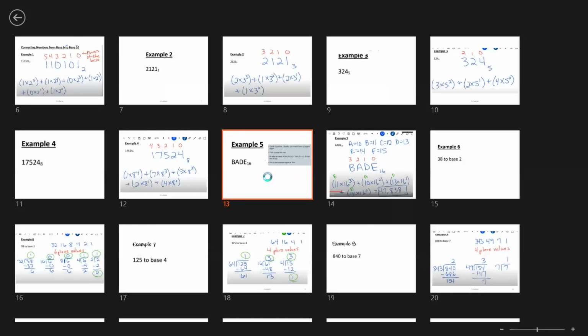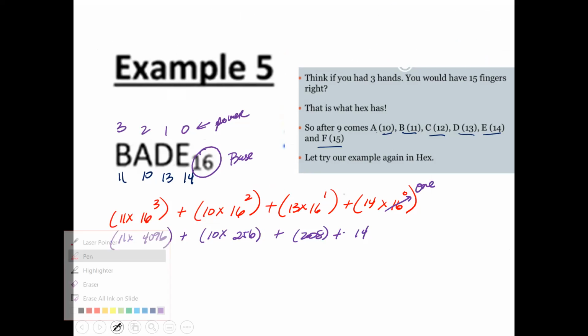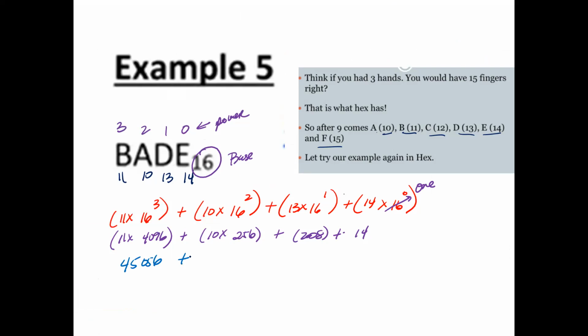Simplifying this even further, you would have 45,056 plus 2,560, 208, and 14. So altogether, your grand total is 47,838. And that is your answer.